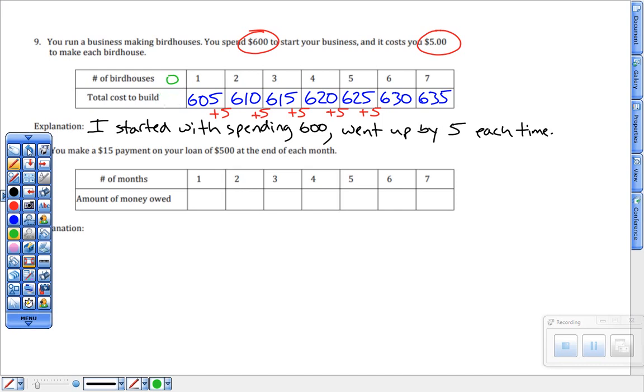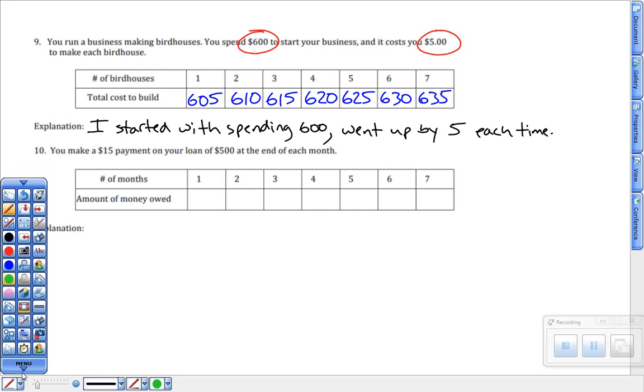That math is coming. All right, next table says you make a $15 payment for your loan of $500 each month. So after 1 month, again, you got to be real careful. After 1 month, you wouldn't owe $15. That wouldn't be right. After 1 month, you wouldn't owe $500, because that's how much your original loan was.